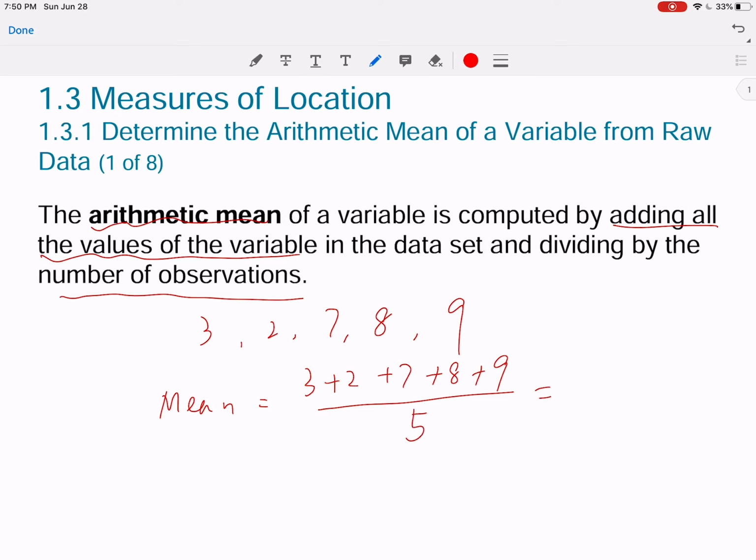So 3 plus 2 is 5, 5 plus 7 is 12, plus 8 is 20, plus 9 is 29, so 29 over 5. Of course, you can convert it to decimal places, but I don't want to do it over here. So that's pretty much the basic idea of how to calculate the arithmetic mean.